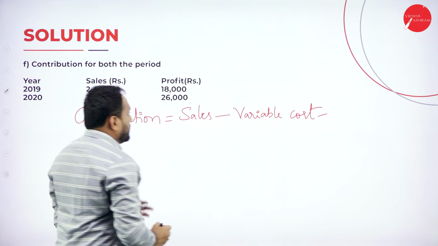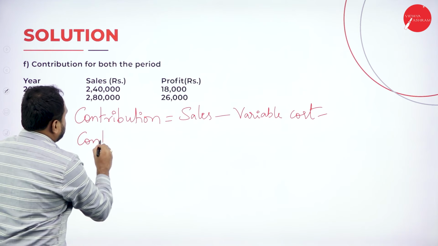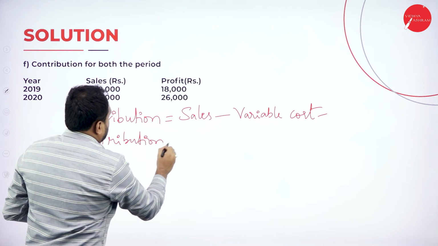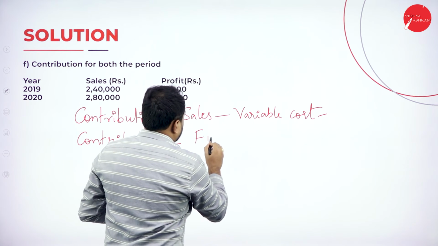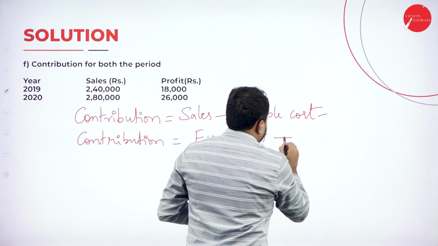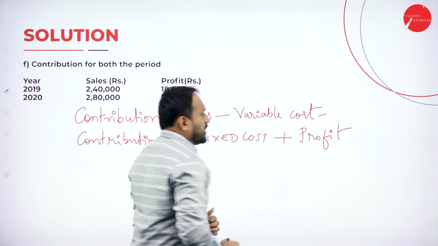So this is one. Next one we have is contribution is equal to fixed cost plus profit.